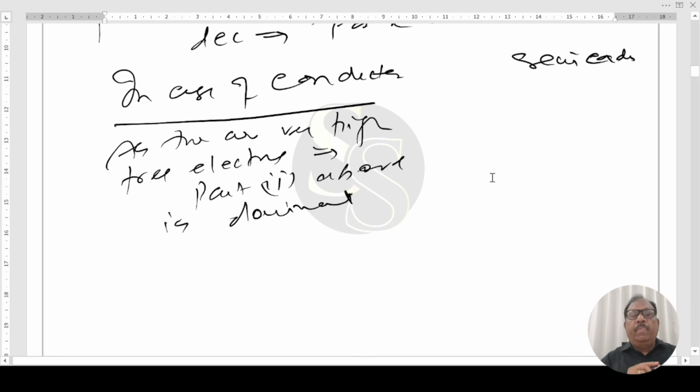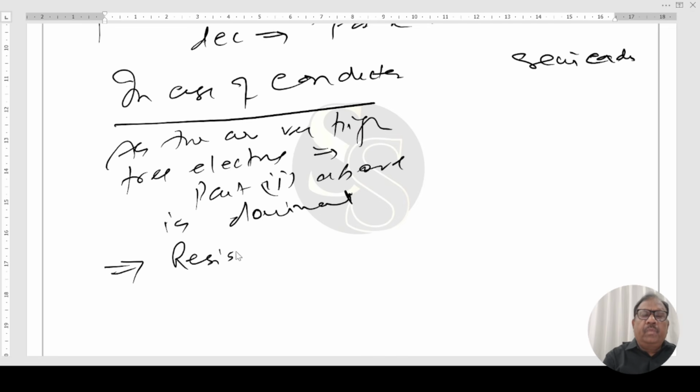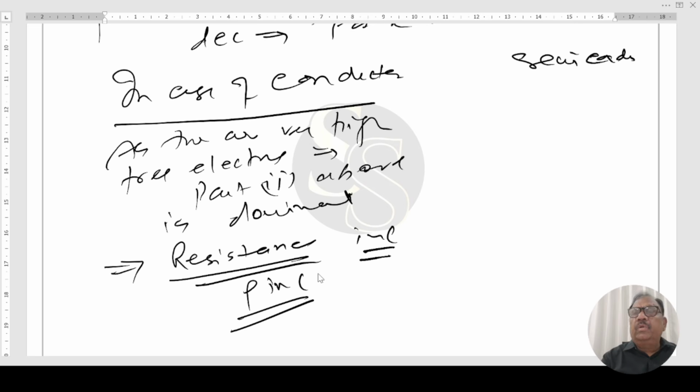If it is dominant, then resistance increases with rise in temperature and resistivity increases with rise in temperature.